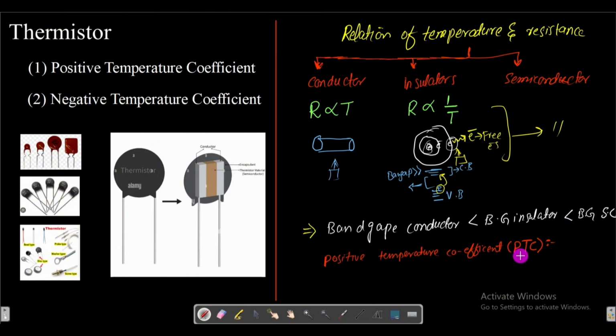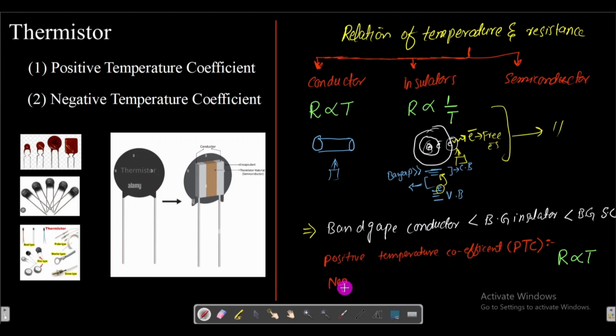Positive temperature coefficient means that, just like in the conductor, R is directly proportional to T. So positive temperature coefficient materials are those in which the resistance of the material increases with increase in temperature. So the positive temperature coefficient will be present in the conductor.